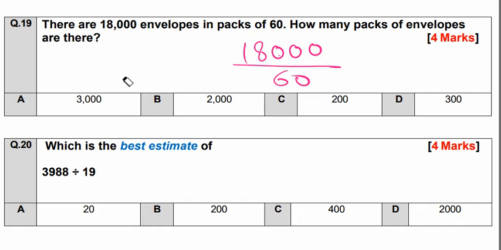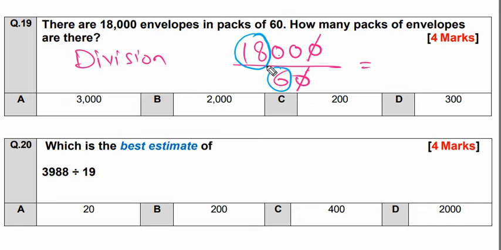Okay, now always write like this when it comes to divide, division. Okay, now 0 and 0 cancel. Now can you do this? So do not look at the big number, look at the small number. 18 and 6.